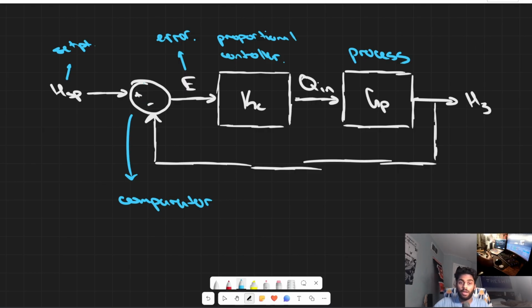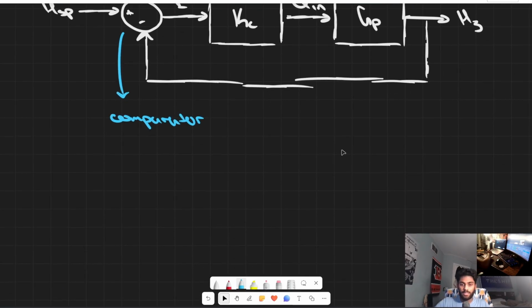It'll take those 2 values, compute the error, feed that into the proportional controller, which will try to mitigate that error by changing the value of our Qn and eventually affecting the value of our height in the third tank. To simplify this down a little bit, essentially what we have now is a process with feedback control.